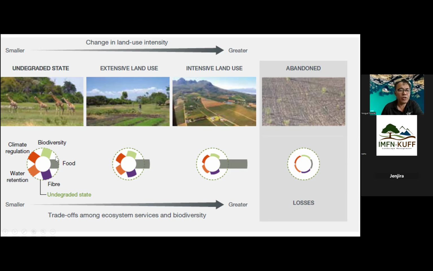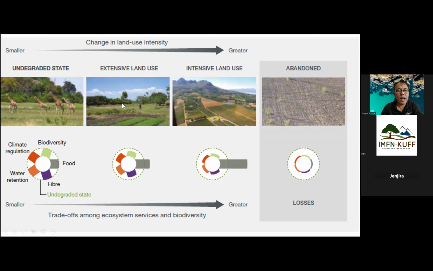There is a lot of biodiversity, and the land is healthy and can provide a lot of food and ecosystem services to nature and to the people. Then we start with extensive land use, something like the subsistence economy, subsistence agriculture, with very limited use for food production.